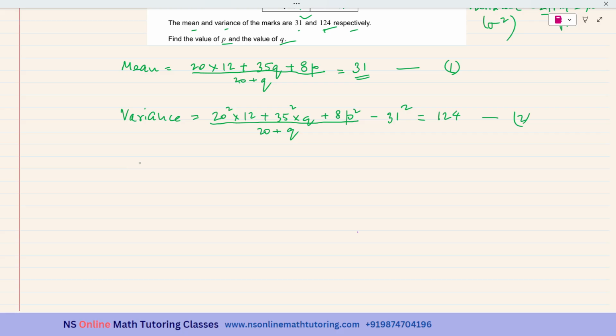First of all, let us take the equation number 1. From 1, 20 times 12 is 240. You don't have to do the multiplication orally. You have the calculator with you. And plus 35q plus 8p is equal to, I am multiplying both sides by 20 plus q.